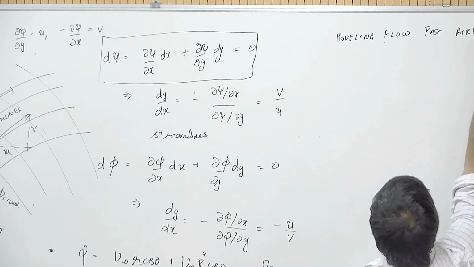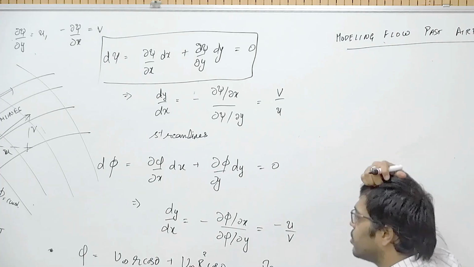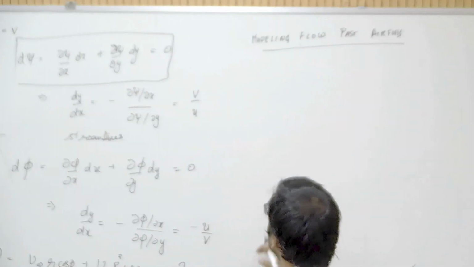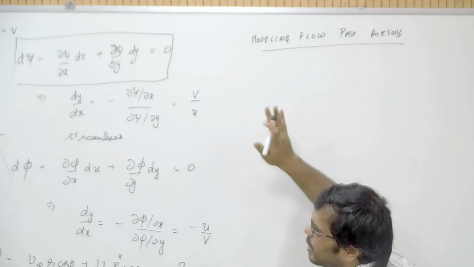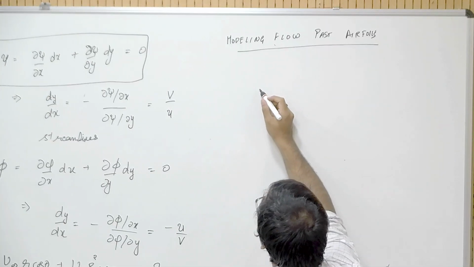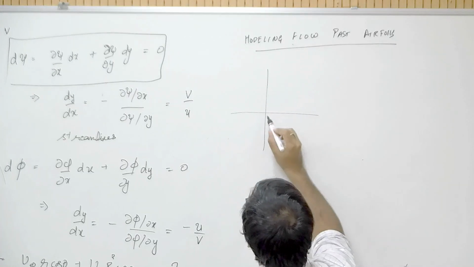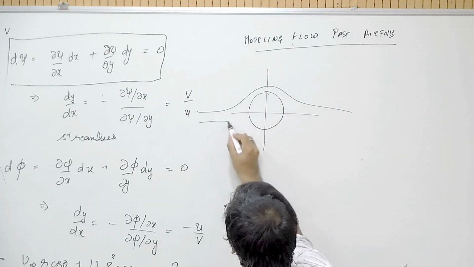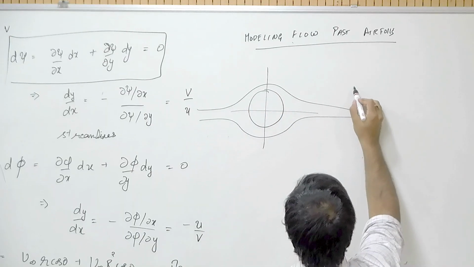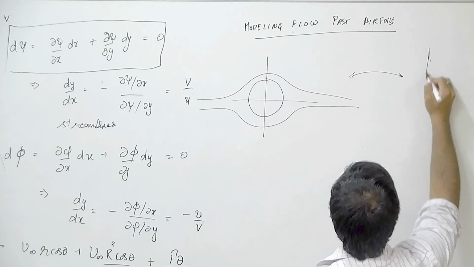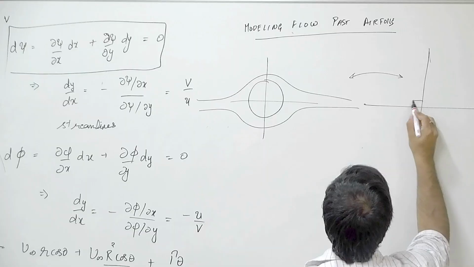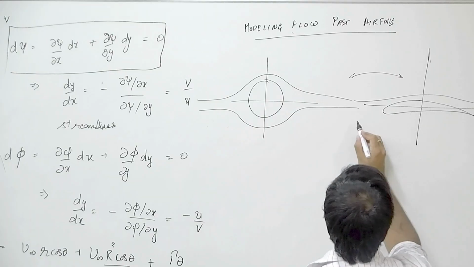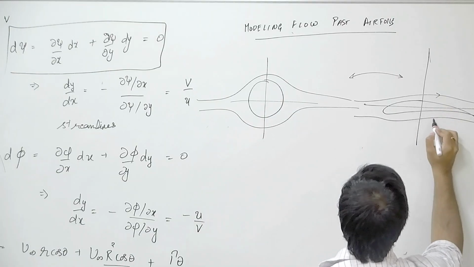So, you can look at the mathematical details of this in the notes. I cannot cover this because you are not familiar with complex calculus, but I can give you a brief motivation: if you can solve for this ideal flow past a cylinder, let us say, which is not even rotating, you can in a way transform this into flow past an airfoil. Okay, you can transform this into flow past an airfoil.